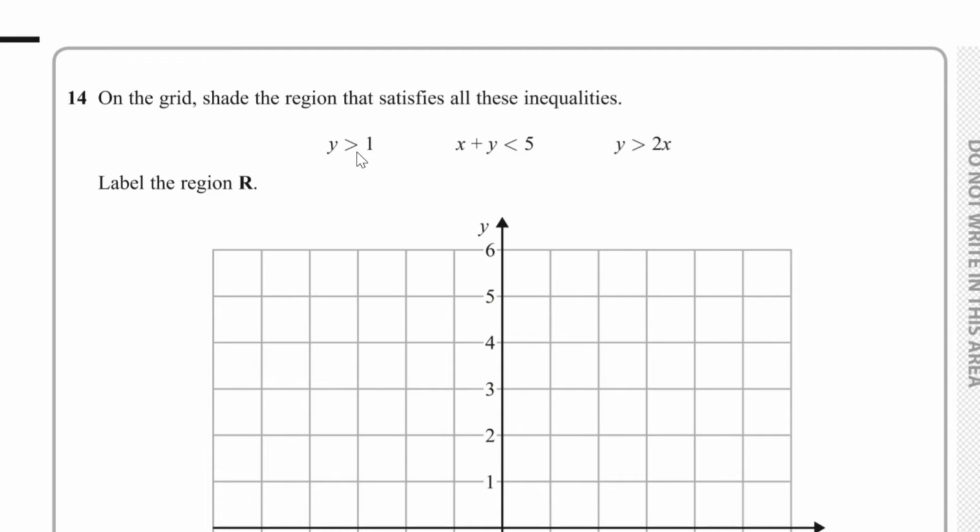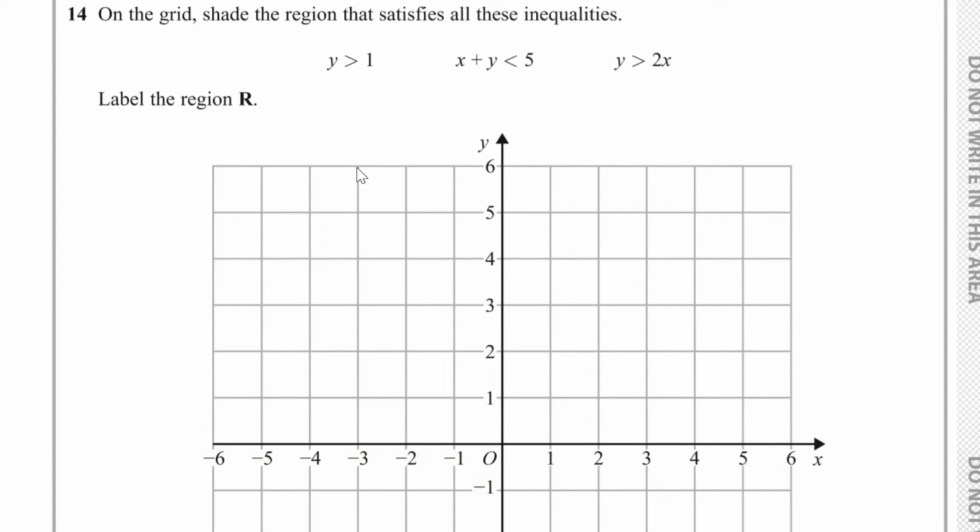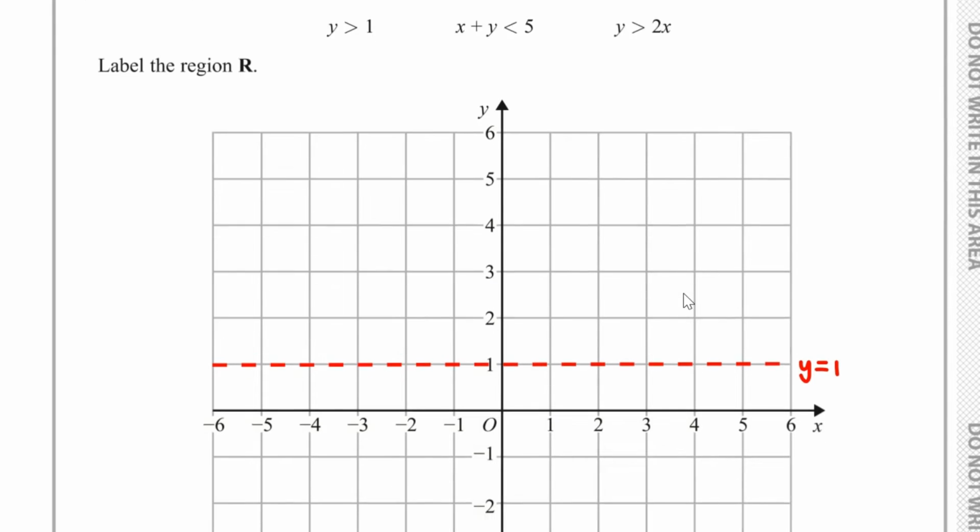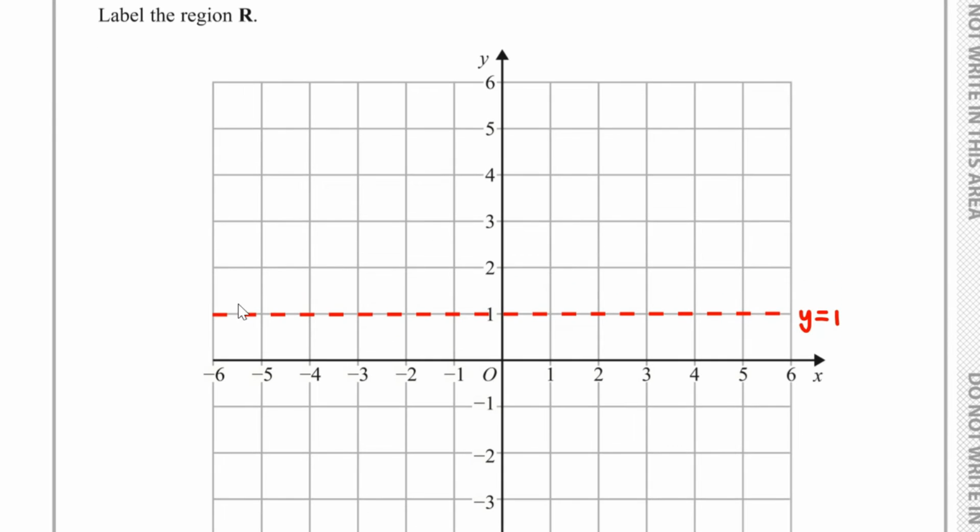If we begin with y being greater than 1, well, let's draw the line of y equals 1. That looks something like this. So here we've got the line y equals 1, and we want everywhere above that, so the region we want is everything above this line.